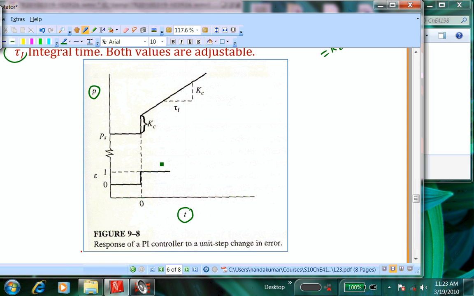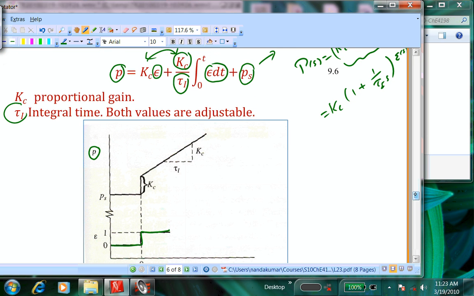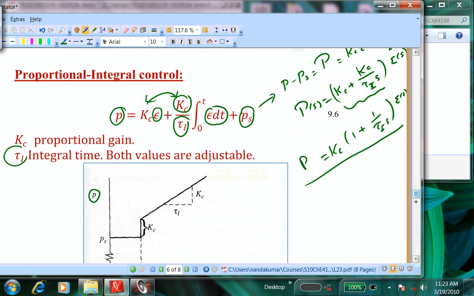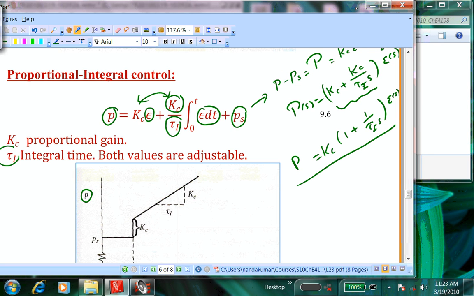Okay, so I'm putting a step change in the error, and how would the output pressure signal look like? I have the equation for this. Okay, this is the equation. P equals Kc times 1 plus 1 over tau I S. Sorry, I just wrote it wrong.